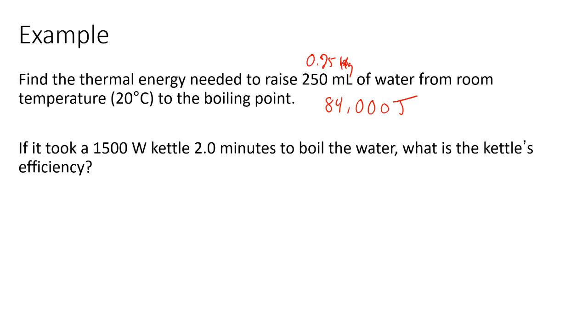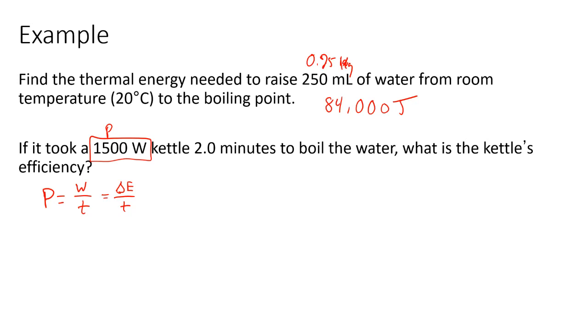With power, which is what we're given here, this is a unit of power. If this kettle has a power of 1500 watts, we looked at power before as work, or the rate of doing work. If we apply work to something, we are going to change the energy that something has. So power is our change in energy divided by time. Really, this change in energy is what we're going to be solving for.